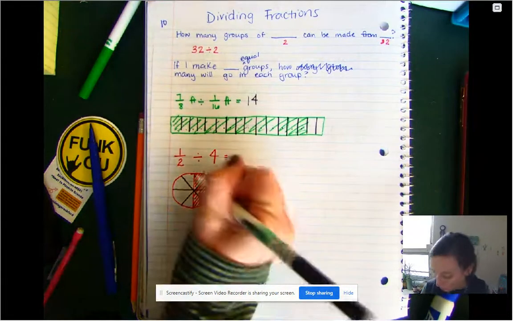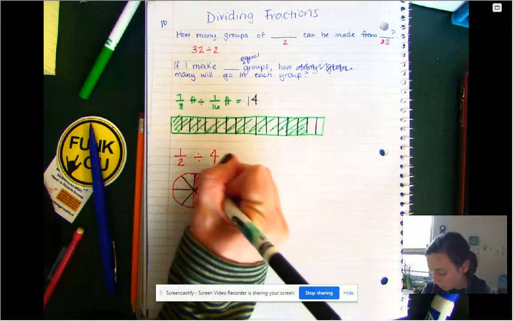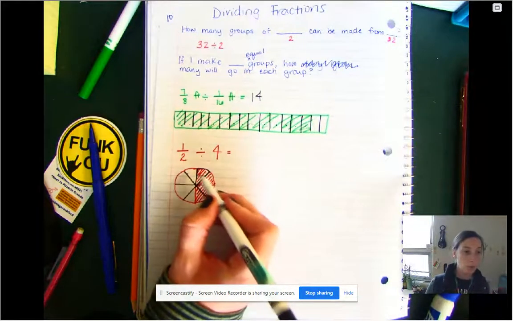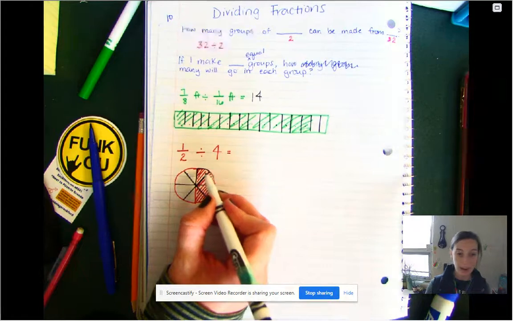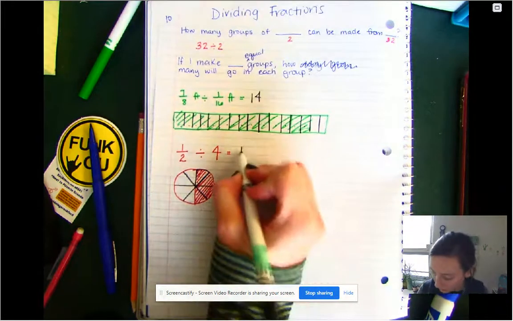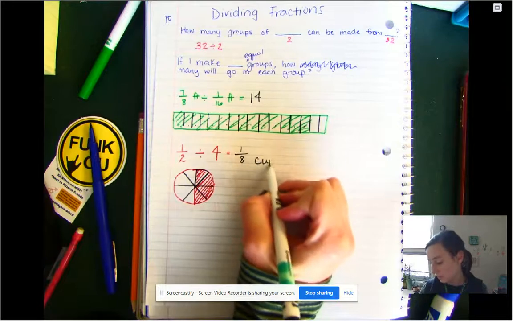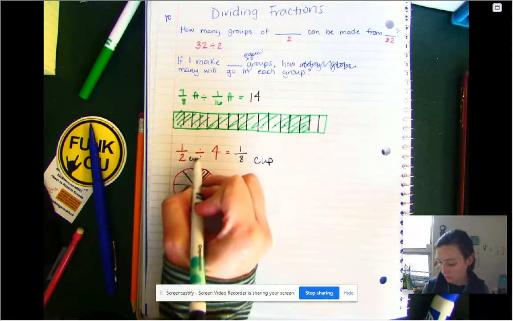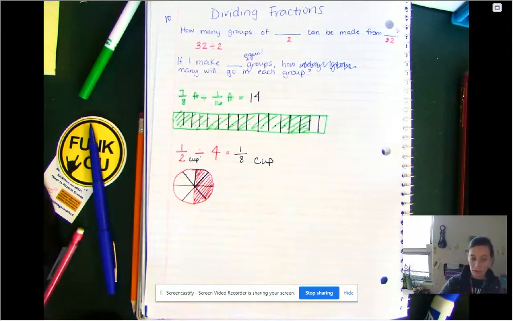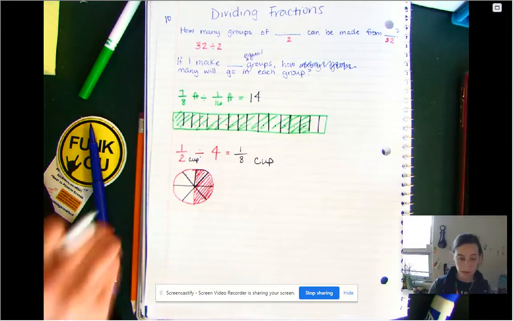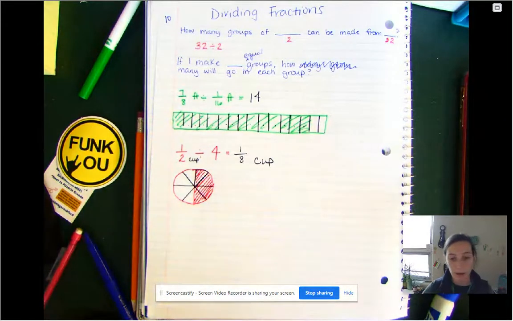So in each group, this is now one group, each group will be 1/8 of a cup, because this was a cup right here, right? So in that case, the answer didn't get bigger. It got smaller, which is hard to wrap your head around. Also, I should move that marker so people know that's not inappropriate.